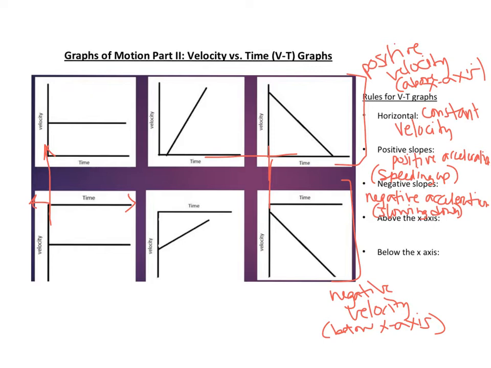So if you have something above the x-axis, I already mentioned that's a positive velocity. Now, that doesn't necessarily mean that you're going faster. It just means that you are going forward. So the positive velocity is going to tell us the direction.